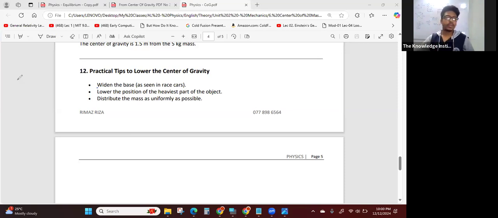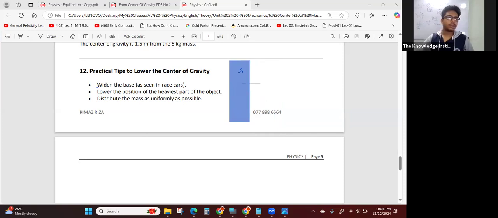Now, imagine you have an object like this. If the center of gravity is high, let's say somewhere here, then if I tilt this object, I take the same object.